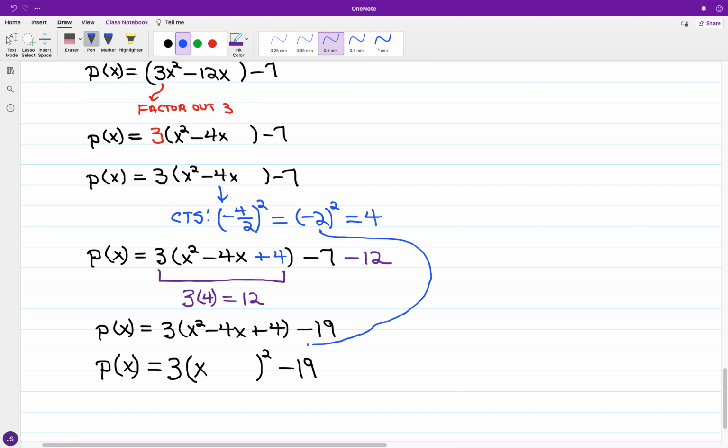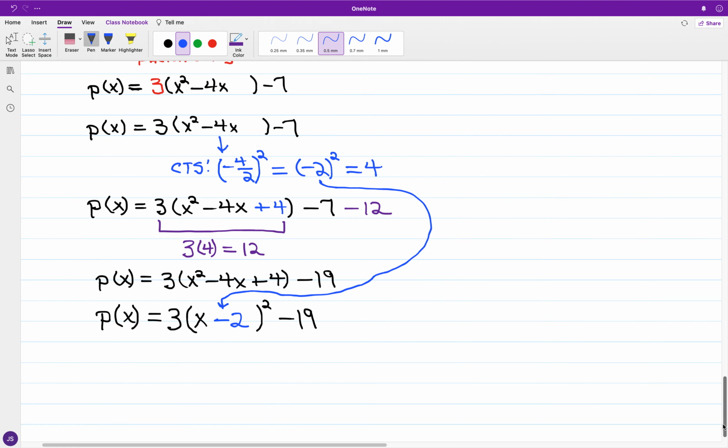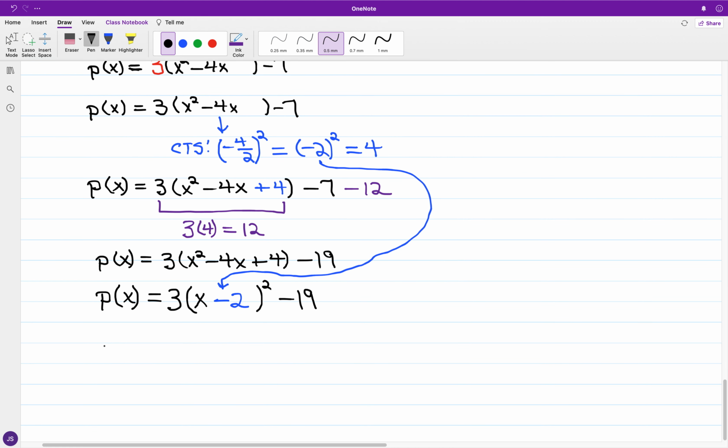And whatever we square is going to re-enter the scene. So for the vertex form in this case, we have that p of x is equal to 3 times the square of x minus 2, followed by the subtraction of 19. So your a would be 3, your h value would be 2, and your k value would be negative 19.